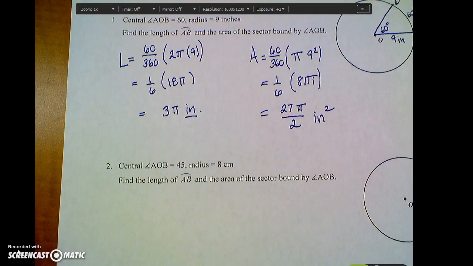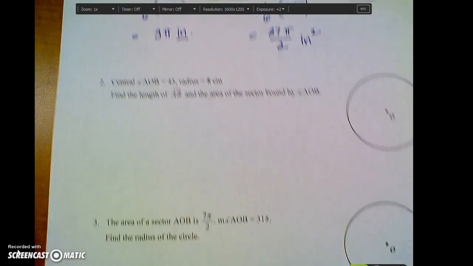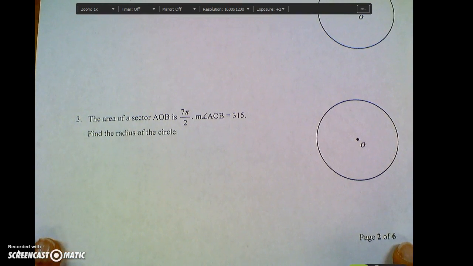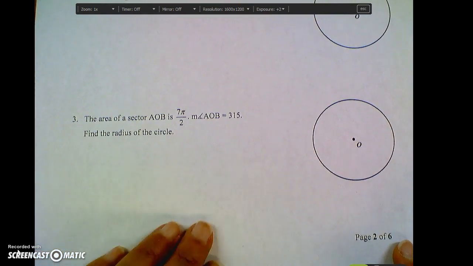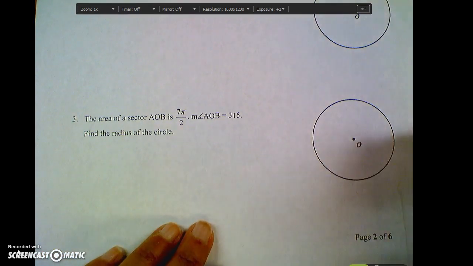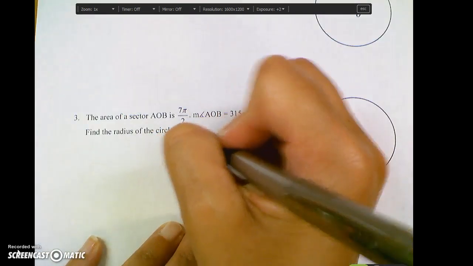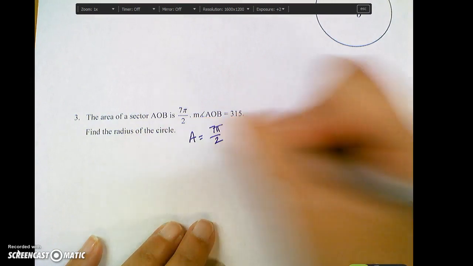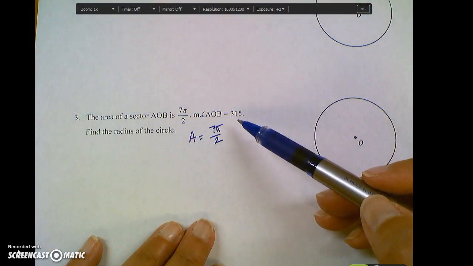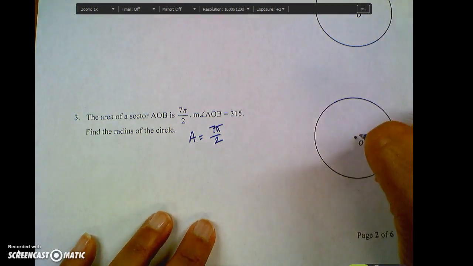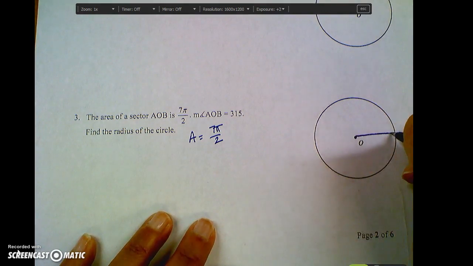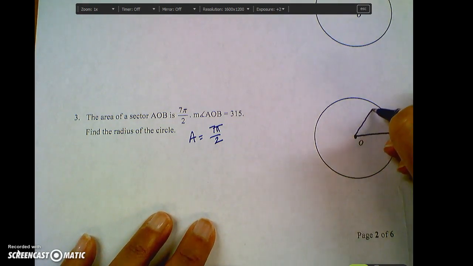Okay, let's hop down to example 3 at the bottom of the page. The sector is AOB, and its area is 7 pi over 2. And angle AOB is 315 degrees. That is huge. So 315 would be AOB.